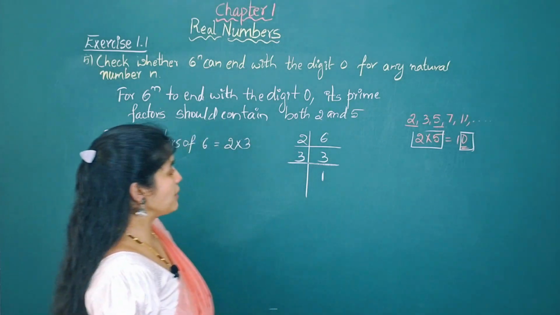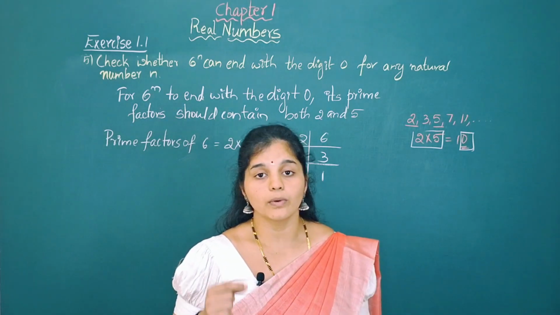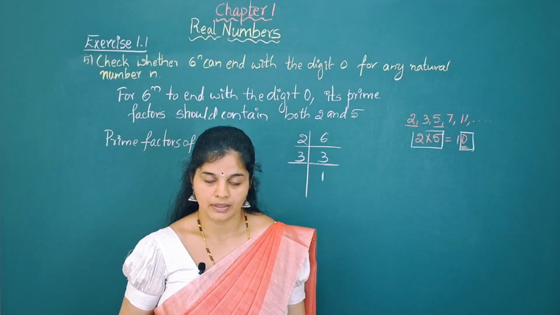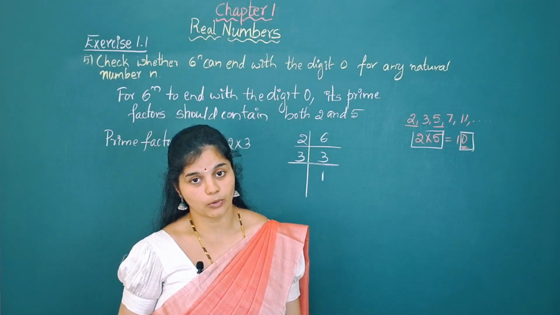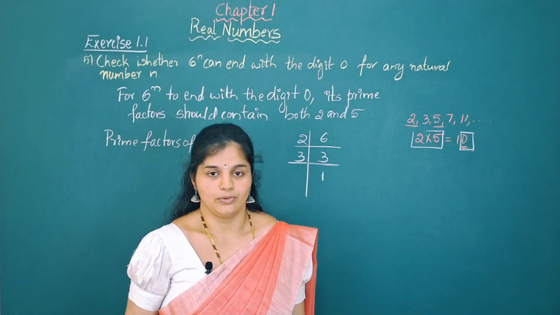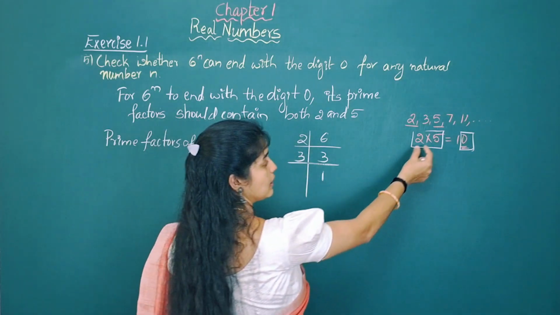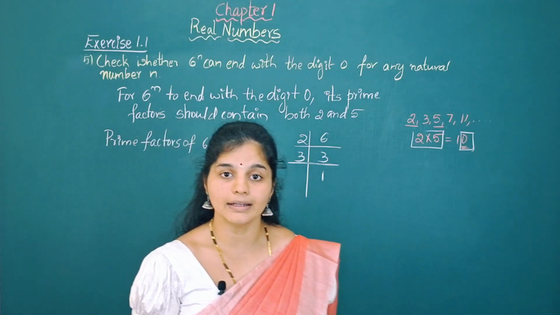So now when you prime factorize 6, you will see that we have only 2 and 3 as the factors. So now can the number 6^n end with 0? No, right? Why? Because already I have told you that the factors should have numbers 2 and 5.